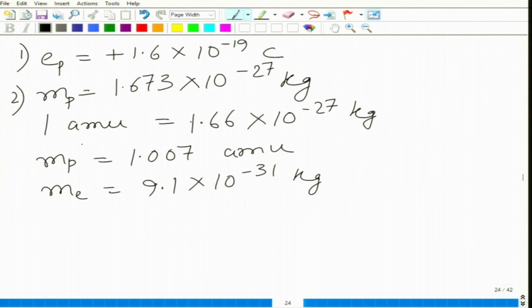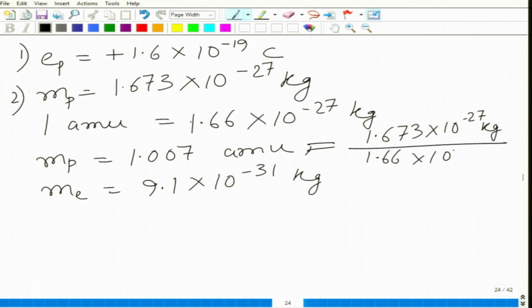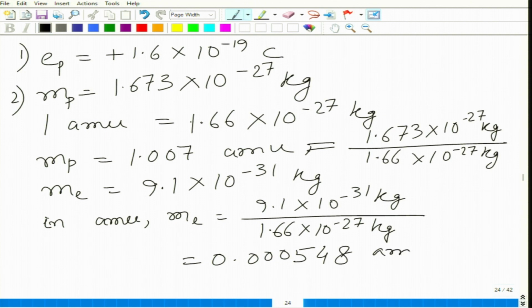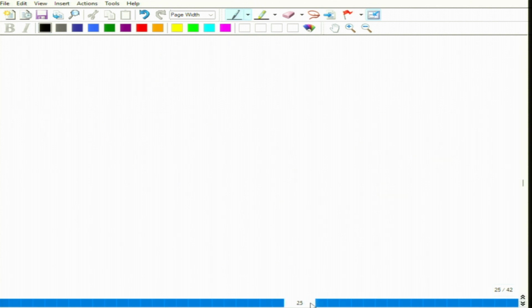If we calculate in the same way, similarly in AMU, the mass of an electron was found out to be 0.000548 AMU.